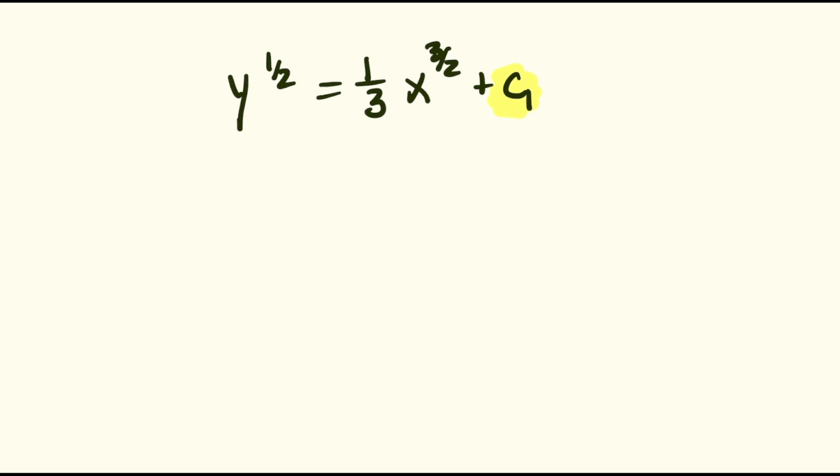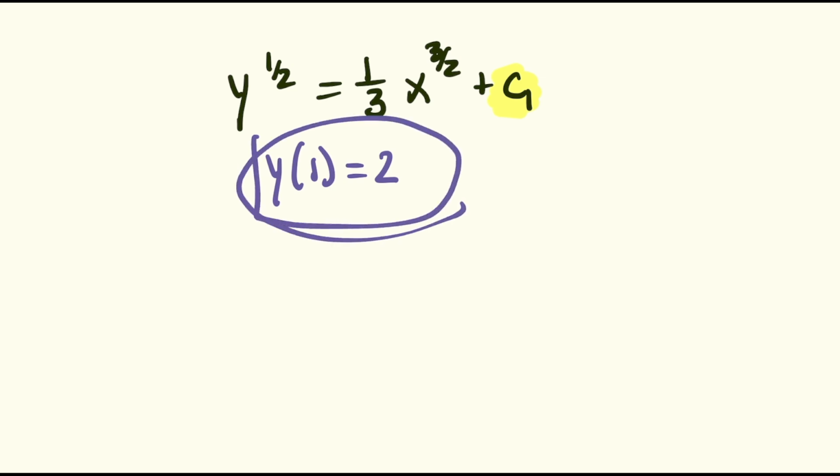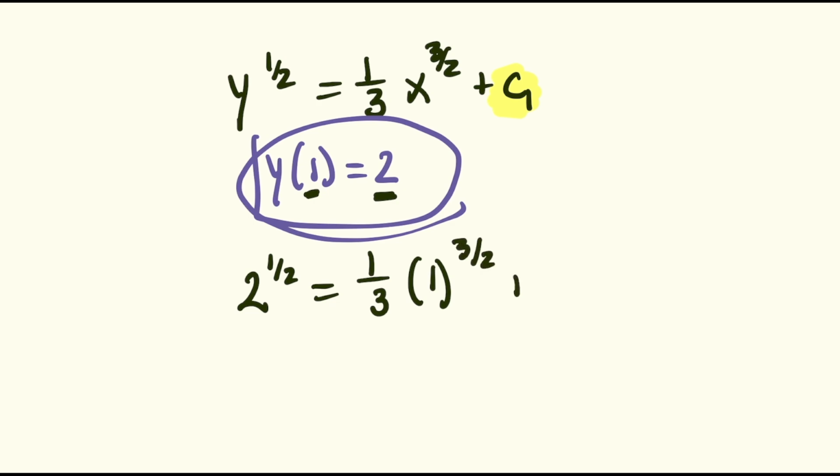Our initial condition that we were given is that y of 1 is equal to 2. So this is what we are going to be using. And that says that when we plug in 1 for our x value, we are going to get 2 for our y value. So we are going to plug in 1 for x to the 3/2 plus c1.